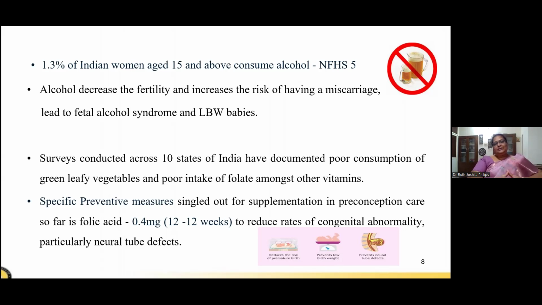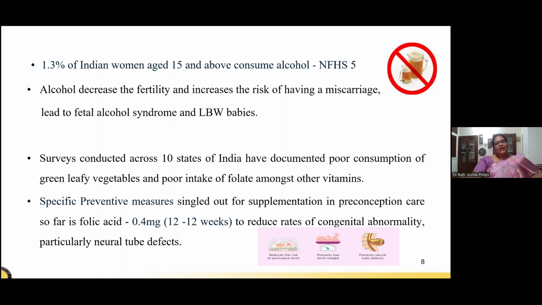A survey that has been done across 10 states in India has documented poor consumption of folic acid. Folic acid, as you all know, is naturally available in the greens and fresh fruit and vegetables. But the consumption of greens and fresh fruit and vegetables is not adequate enough in our women to supplement the folate intake.